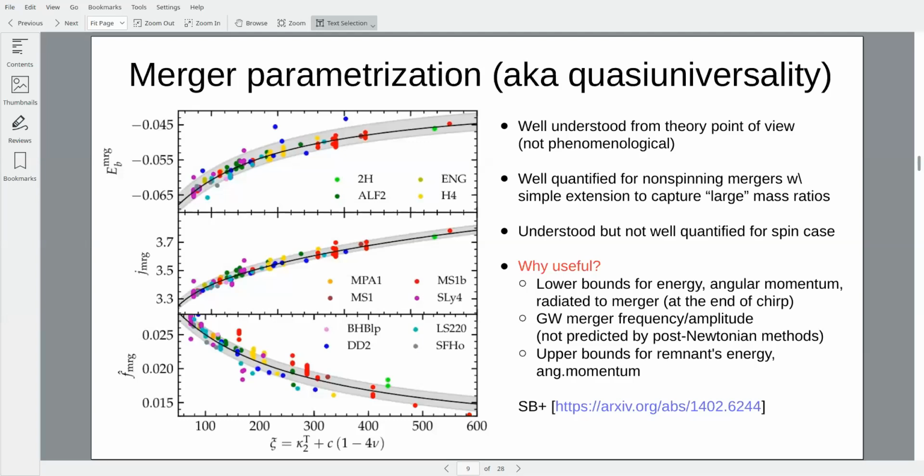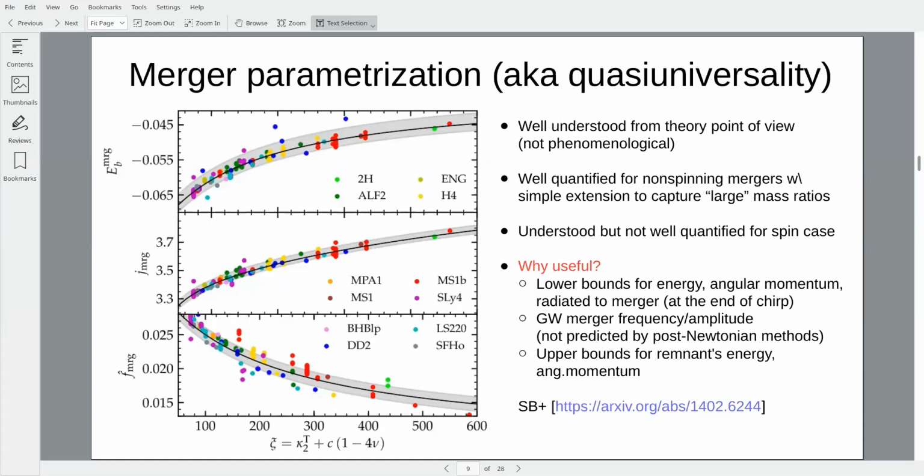This kappa parameter is the x-axis of these plots, and it is similar to the reduced tidal parameter that most of you are used to. They have almost the same meaning. So you take this seriously and analyze simulations in terms of this parameter, and you find a very strong correlation of essentially every quantity with this parameter.